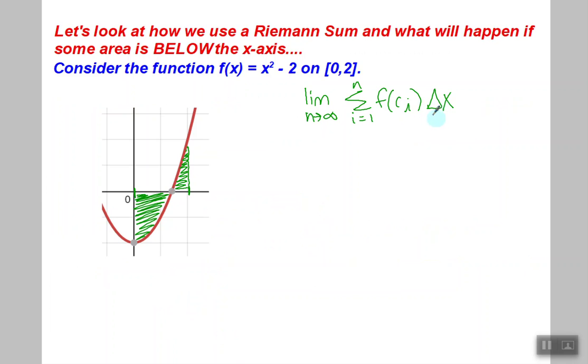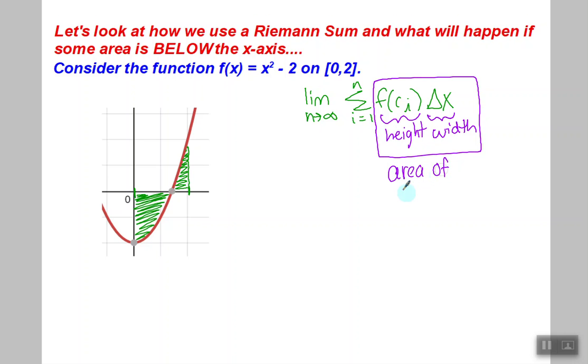we are multiplying the width of the rectangle times the height of the rectangle to get the area of each rectangle. Now, if I just do one representative rectangle in this first section, I have a delta x that is a width of some amount. And let's say I use a right endpoint to find a function value.